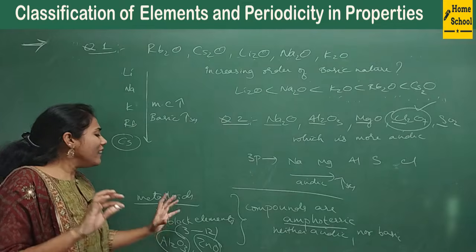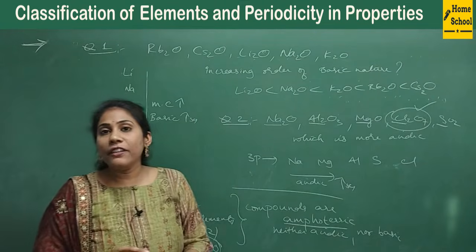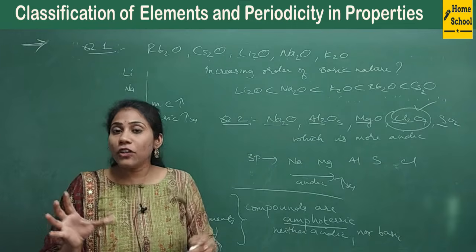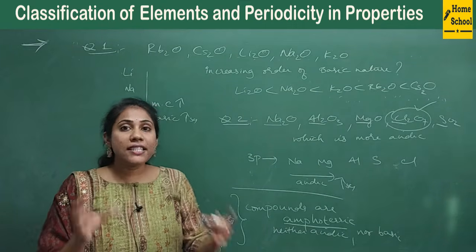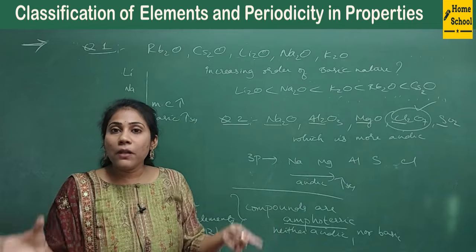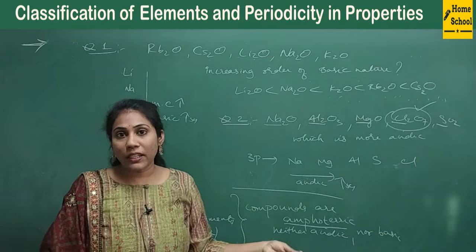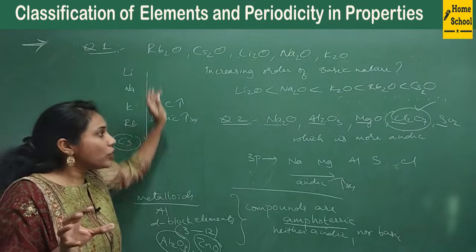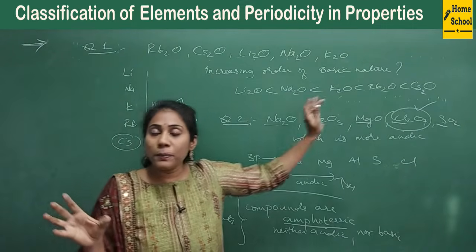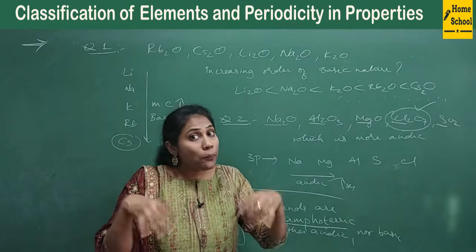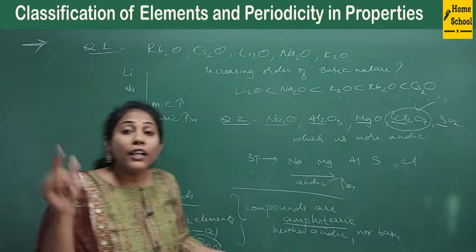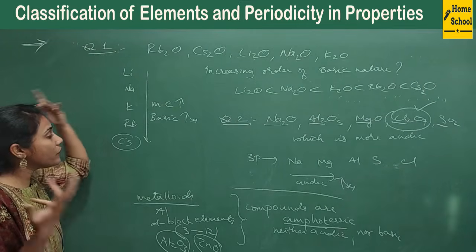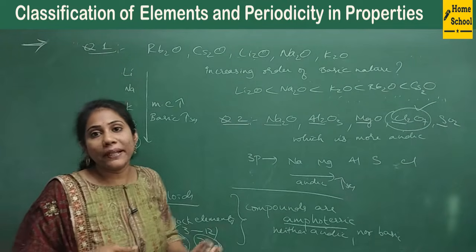So you will learn all of them in a detailed way when you study group wise chemistry. In our inorganic chemistry, we study S block elements, P block elements, D block elements and F block elements. There we will study chemistry of first group elements, chemistry of second group elements, 13th group elements, etc. So when you study group wise chemistry, you will come to know in a group which are metals, which are non-metals and which are metalloids.